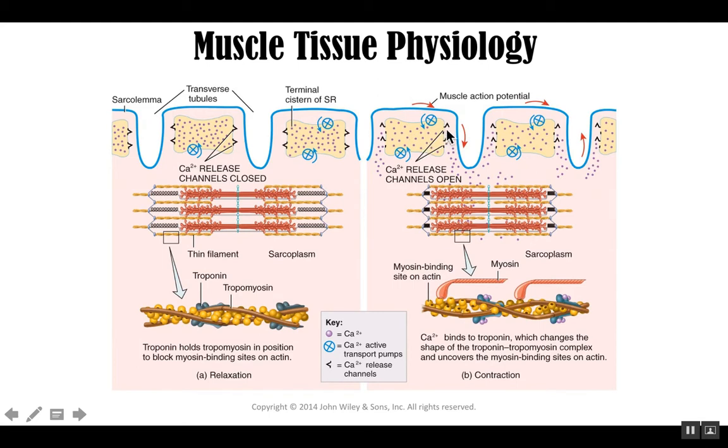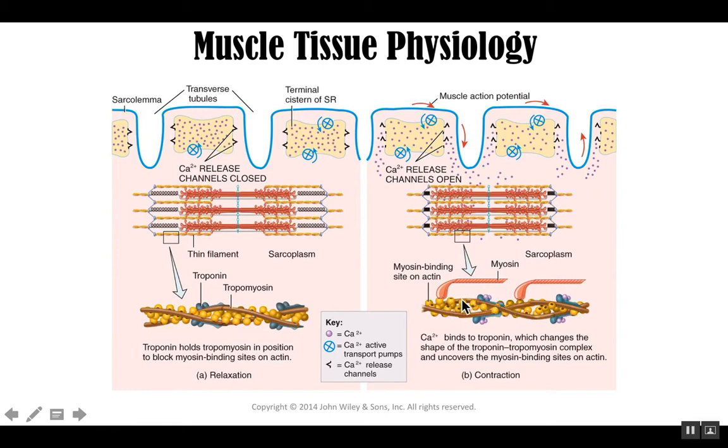And within the sarcoplasmic reticulum, there are little channels that are stimulated to open in response to these action potentials. And when those channels open, calcium is then released from the sarcoplasmic reticulum. It will then go and bind to the troponin, which is on the thin filament.